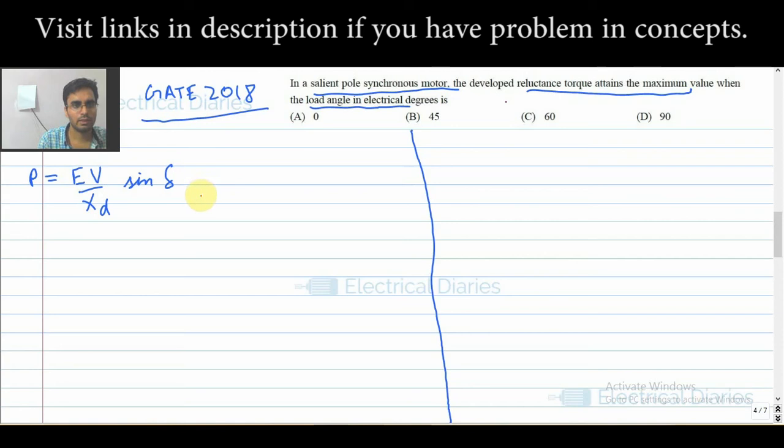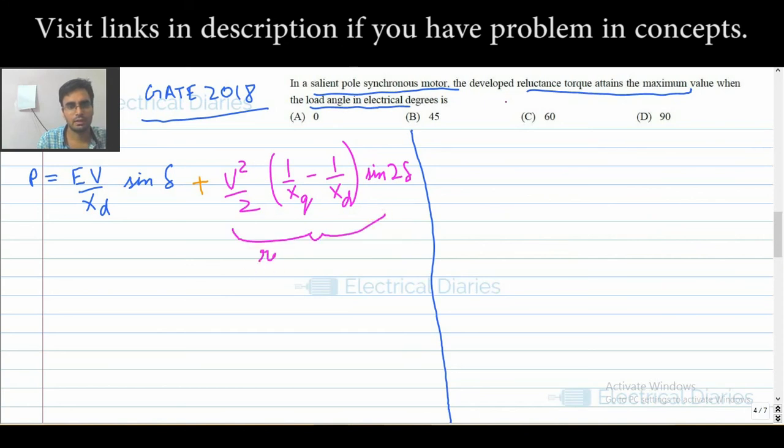And plus, I will write it in a different color, the main part, that is V squared by 2 into (1 upon Xq minus 1 upon Xd) into sine 2 delta. This represents the reluctance power, and this part represents the electromagnetic power.